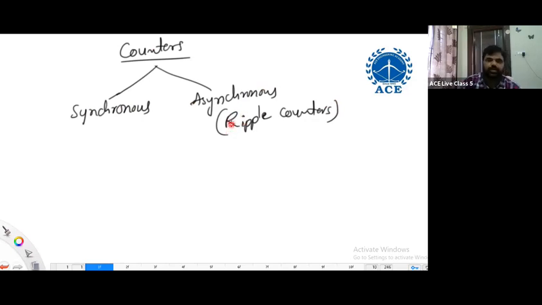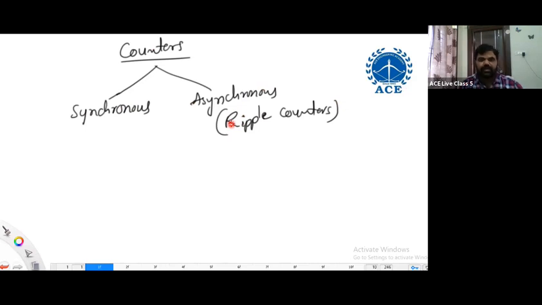So what is a synchronous counter? If the clock is common for all the flip-flops, then it is a synchronous counter. If the clock is not common for all the flip-flops, that is called asynchronous. Why it is called a ripple counter, we can understand later.